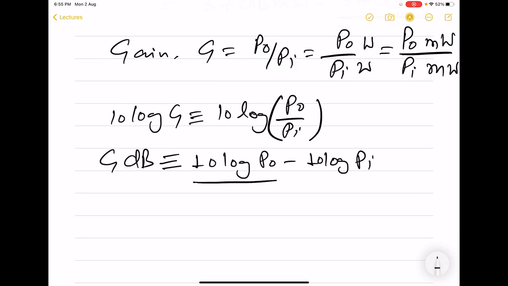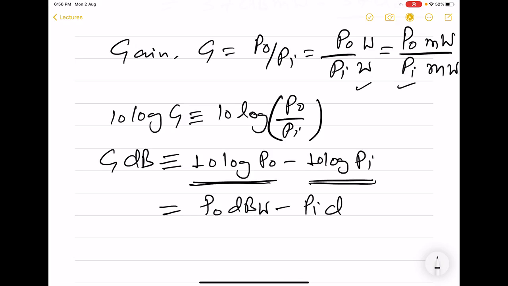But here we know that this output power and the input power could be either in watt or milliwatt, as we saw here. So now we have to see how to represent these quantities in dB so that their unit also gets conveyed. So if PO is in watt, then we can simply write PO dBW minus P in dBW. That means both are in watt.